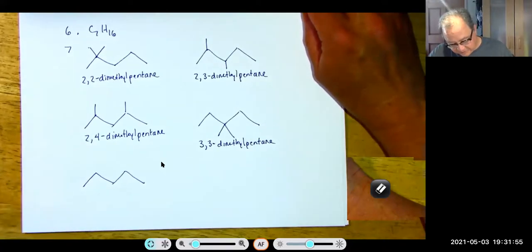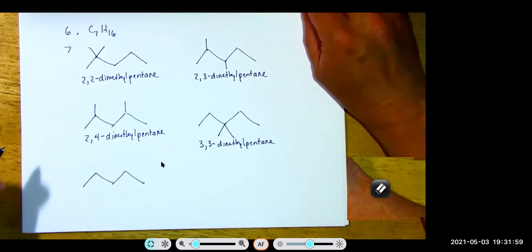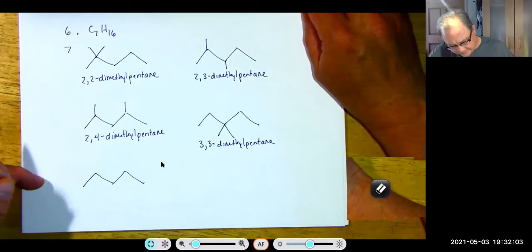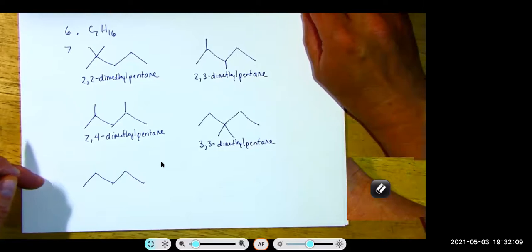There's one more. Put an ethyl. Where? 1, 2, 3, 4, 5. On carbon 3.